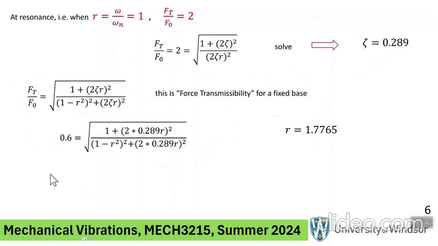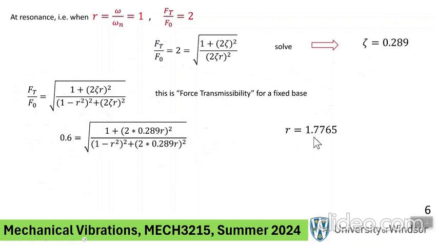In other words, at the driving frequency of omega equal to 4 hertz, we want only 0.6 of the amplitude of the force to become the dynamic force transmitted to the ground. The only unknown in this expression, because we just found zeta, is r.